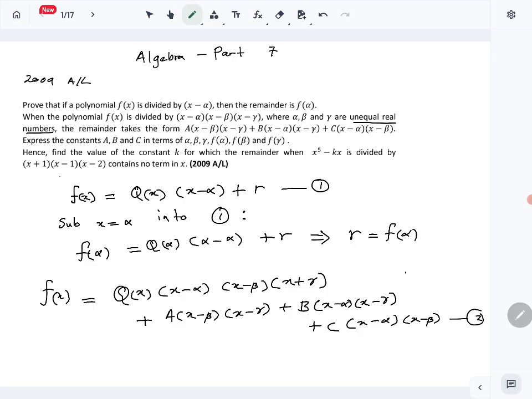So let's take this as equation 2. Right. So we just have to substitute what? x equals alpha, x equals beta, and x equals gamma, and create 3 equations to get the 3 unknowns a, b, and c.